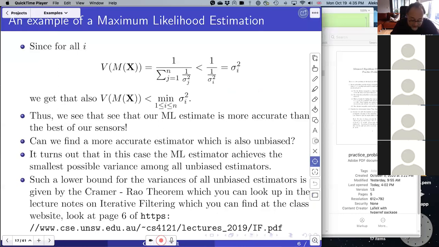So all information is valuable, even if it's of lesser quality, if you aggregate it in a good way. So this is a nice example of maximum likelihood estimation.